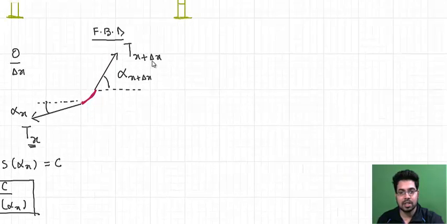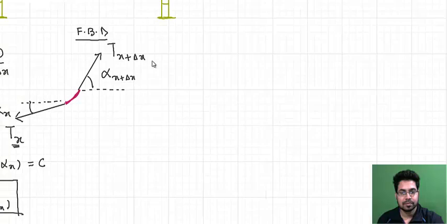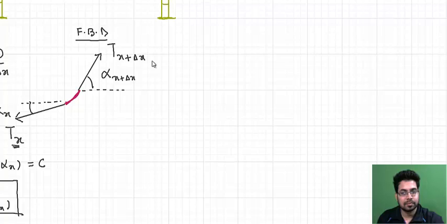Here, if this segment has mass m, gravity is acting on it, so the force mg is acting on it.